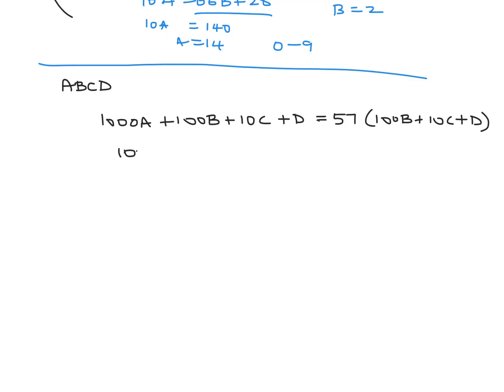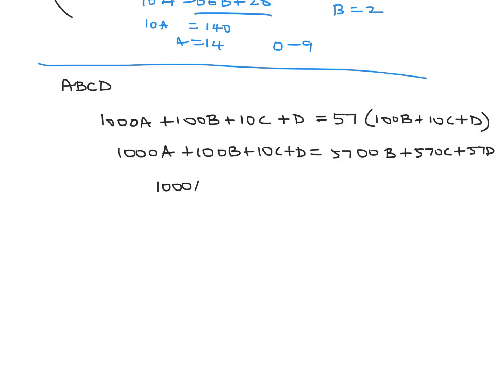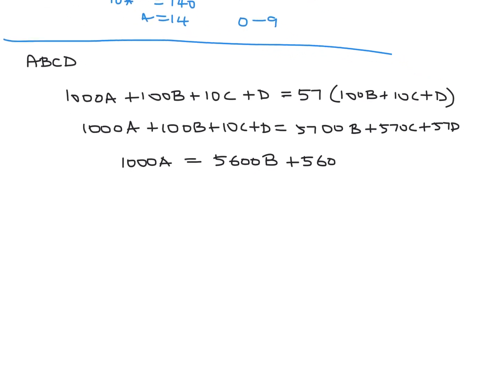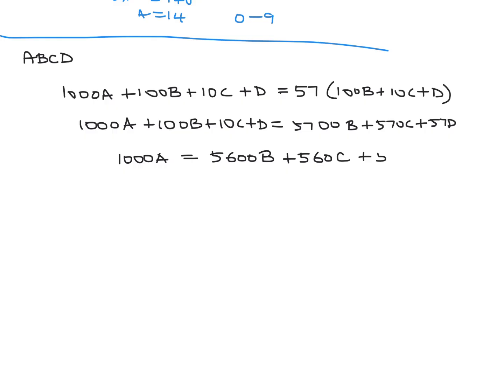Collecting like terms, 1000A plus, well, this side I don't think does anything for now. 5700B plus 570C plus 57D, right? 1000A is equal to 5600B plus 560C plus 56D. Got it?